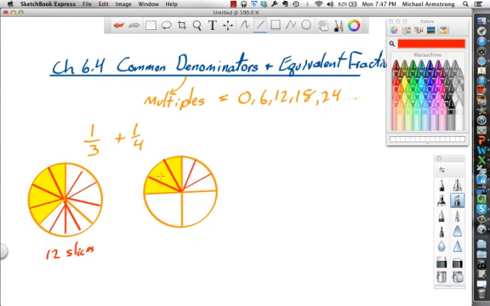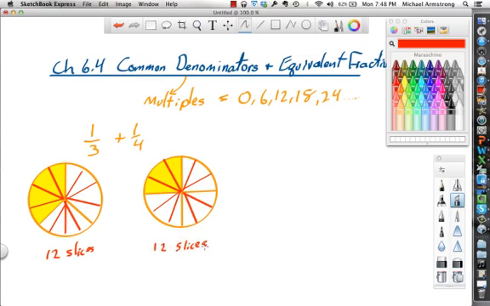Okay, so there's 1, 2, 3, 1, 2, 3, and 1, 2, 3 in this third. And again, there's 1, 2, 3, 4, 5, 6, 7, 8, 9, 10, 11, 12. Again, I have 12 slices.